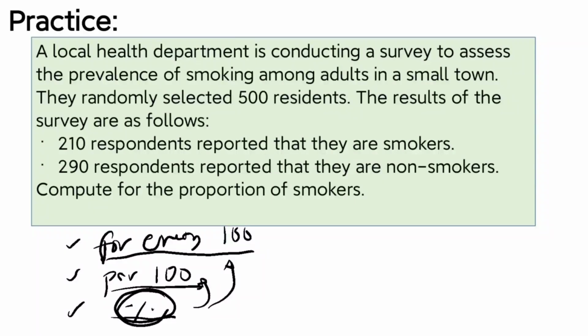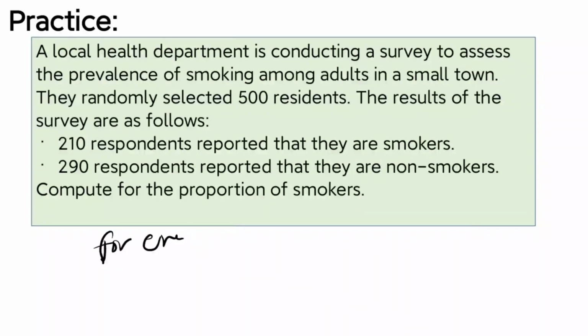Okay? Next is, so, you can pause the video and try to answer this one. Okay? So, once you have answered, let's try, right? A local health department is conducting a survey to assess the prevalence of smoking among adults in a small town. Wait, let me turn that off first. There, it's quieter now.